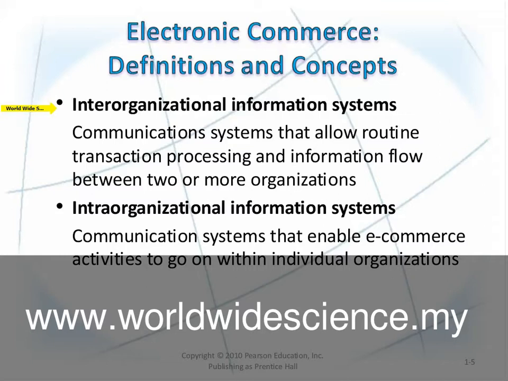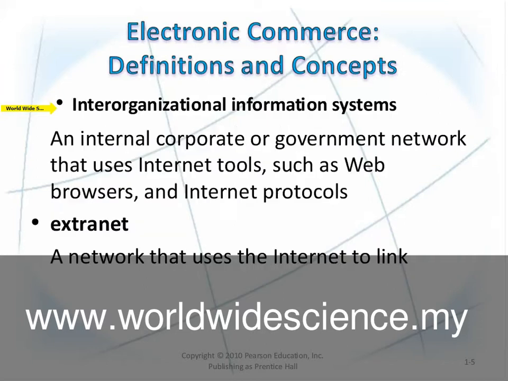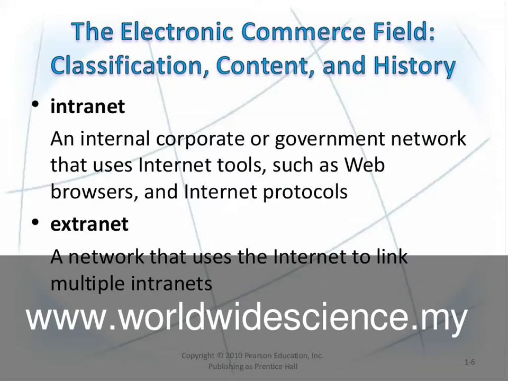These are some expressions that you need to know in order to get as much information as possible in this area, in electronic commerce. Here we have intranet and extranet.